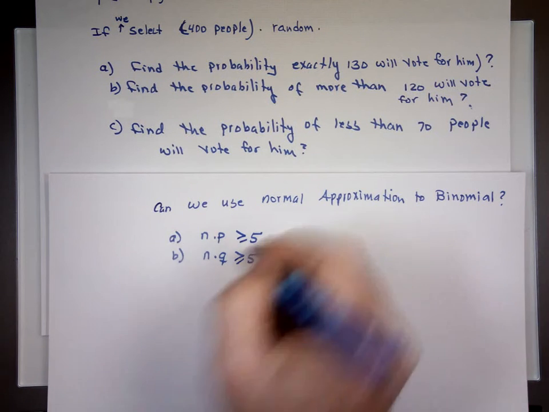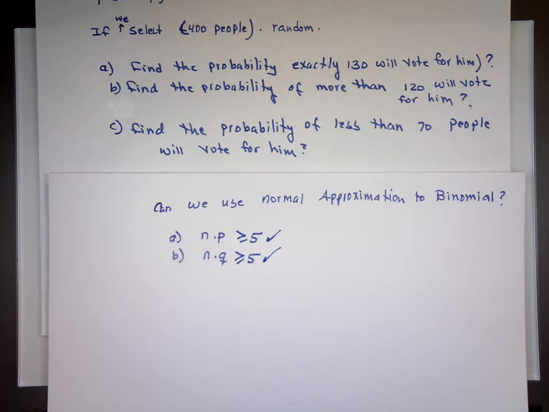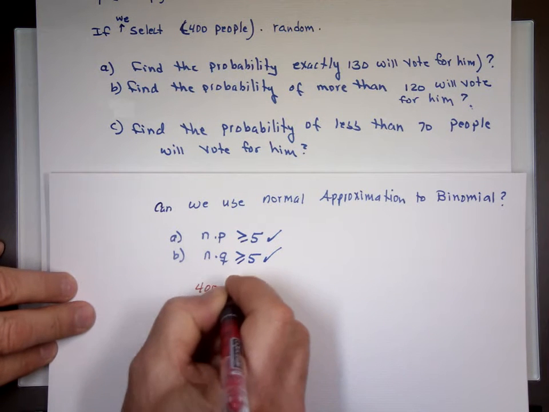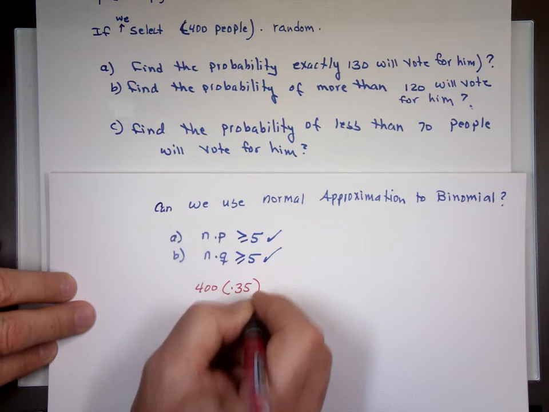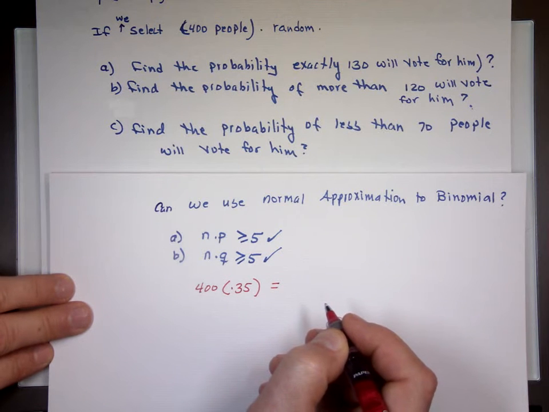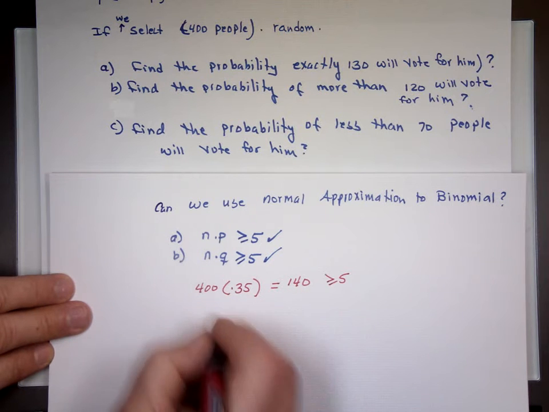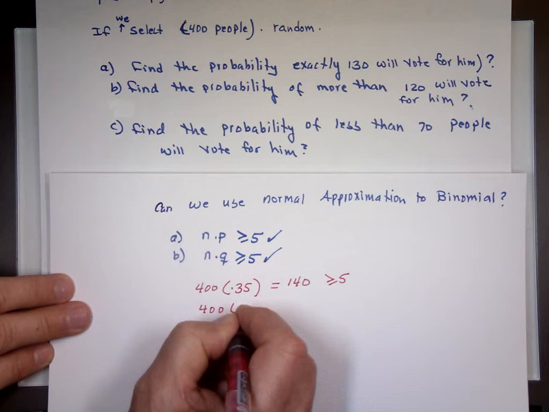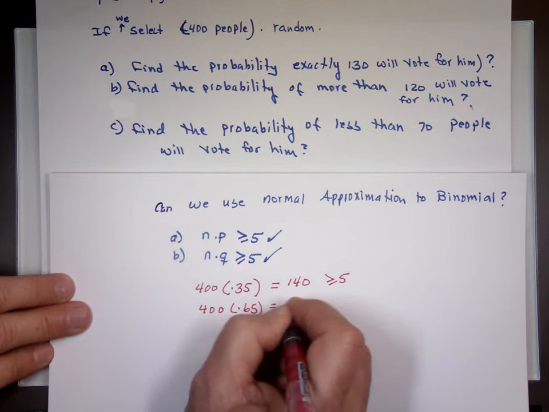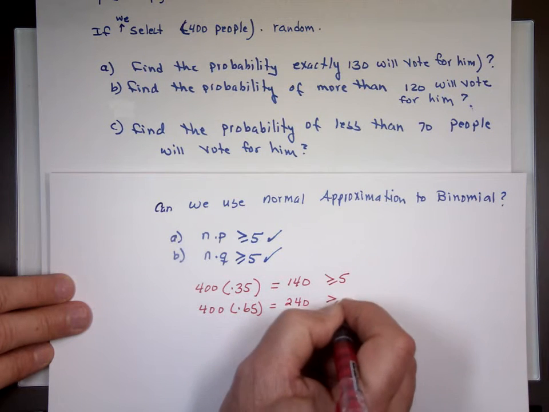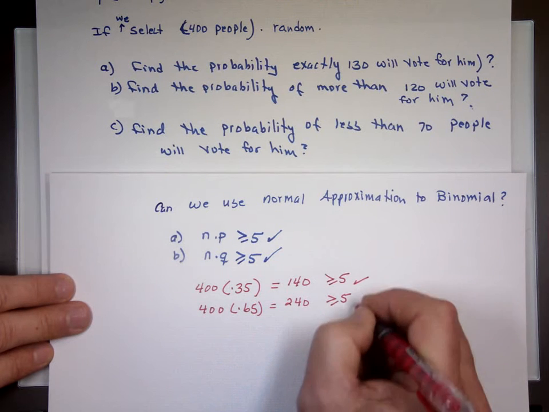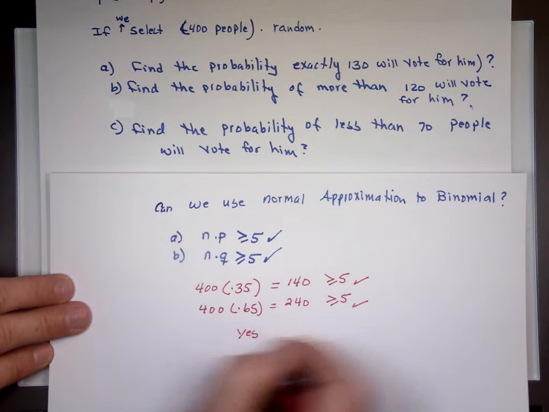If yes to both, we can use the approximation. N times P is 400 times 0.35, which is 140, much bigger than 5. And 400 times Q, which is 0.65, is 260, also much bigger than 5. So yes and yes, we can use the approximation.